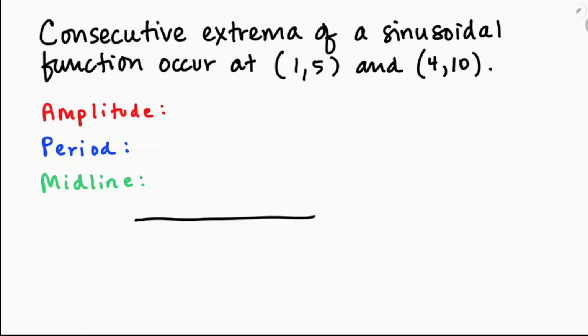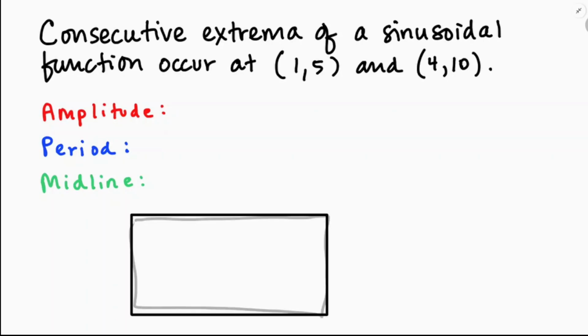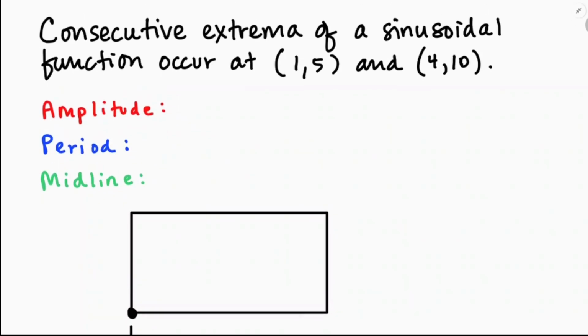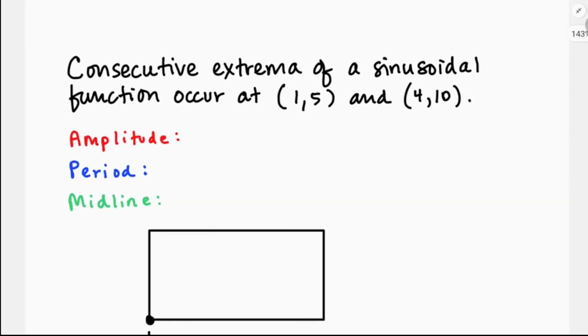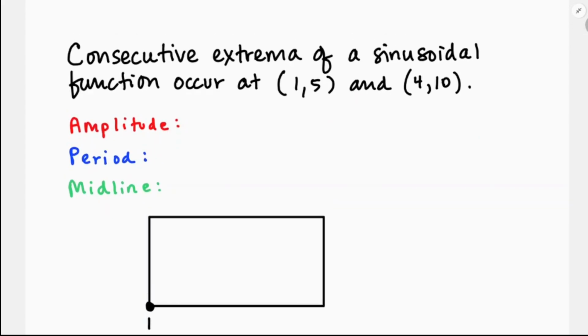But what I'm going to do is draw a box and say consecutive extrema occur at (1, 5) and (4, 10). Well, that means that (1, 5) is the minimum because that's lower than (4, 10). So that's x equals 1. Make that a little smaller. That's fine. X equals 1.